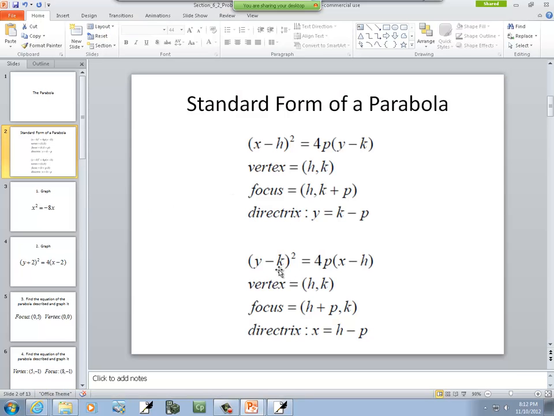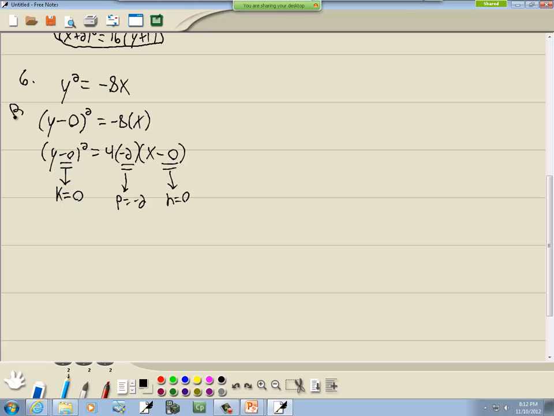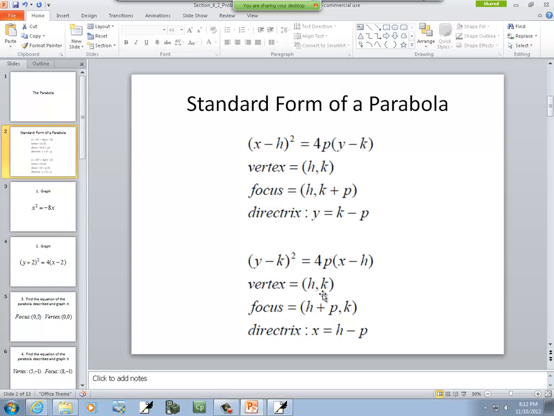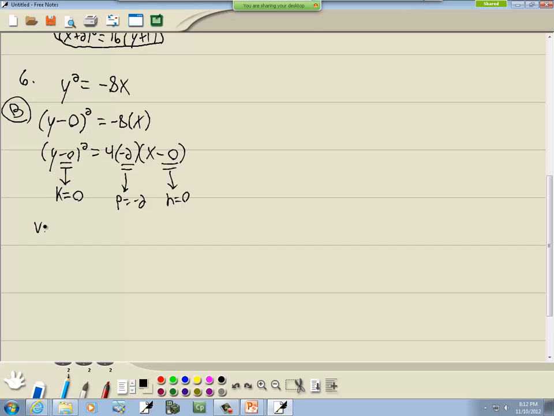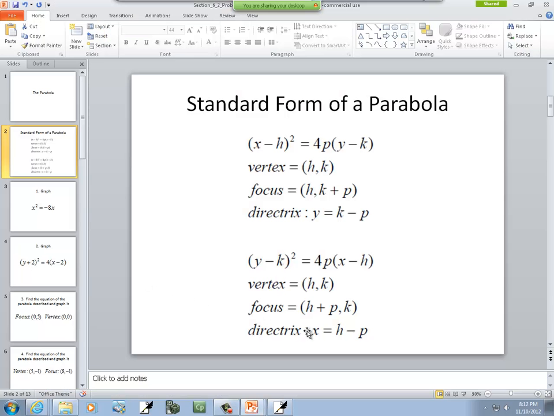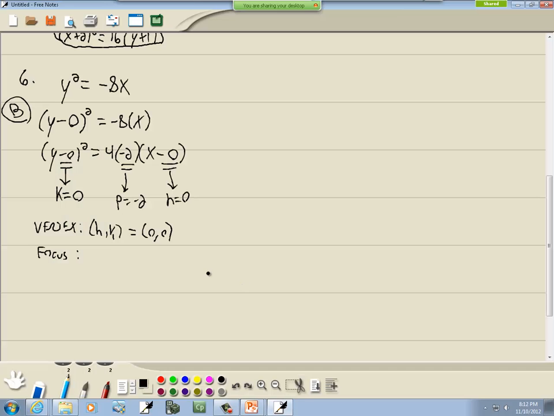Now we said we're using the bottom formula. So our vertex is h, k, which is 0, 0. Our focus is h plus p comma k.